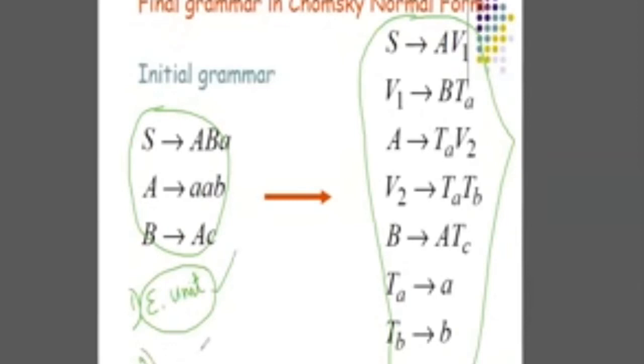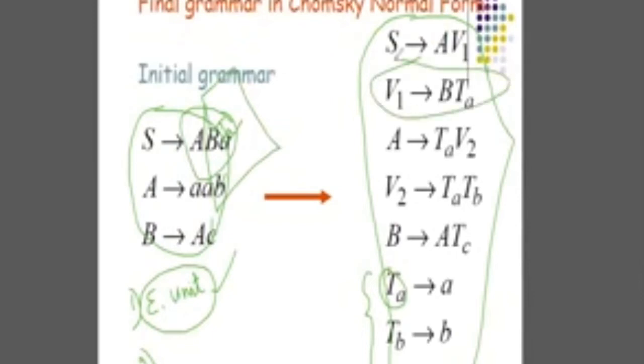Suppose you have terminating symbols in the production, replace them with their equivalent productions and obtain the non-terminating symbol to add it here, right? This will be TA. And similarly, if you have more than two non-terminating symbols, break it into a new variable for a production to get it in Chomsky's normal form. Okay, so this is about that.